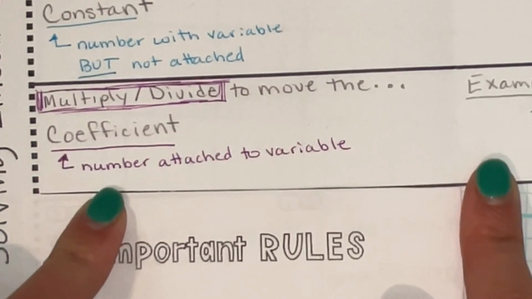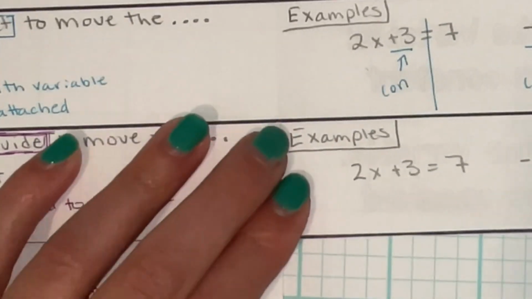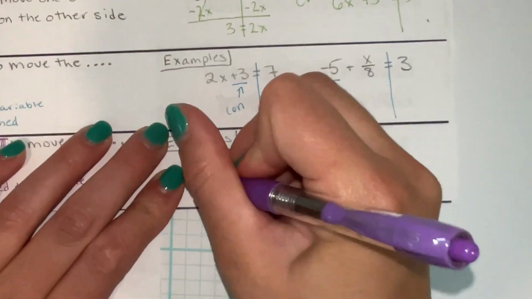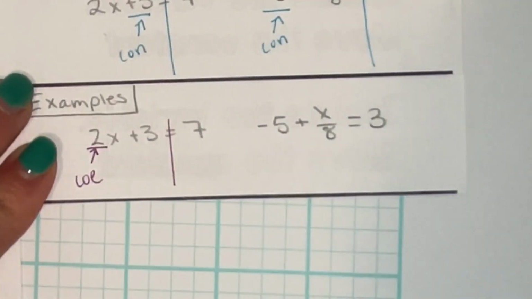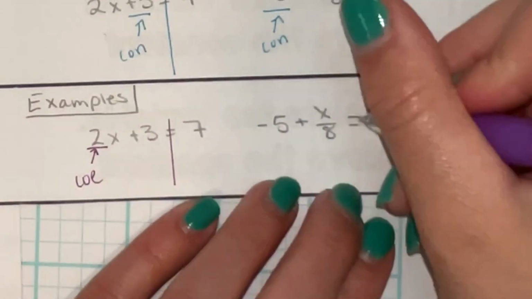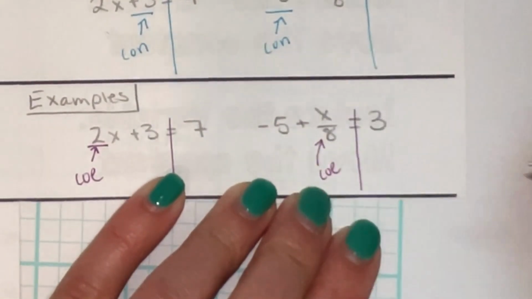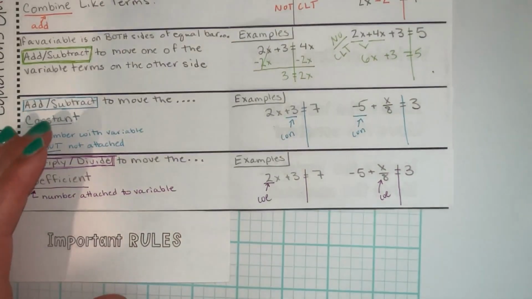And the coefficient is the number that is attached to the variable. So notice I'm using the same two examples. When I draw my equal bar, this 2 is considered the coefficient, not the x, the 2. Coefficient is just a number. In our second example, this 8 is considered the coefficient because this is the number attached to the variable.